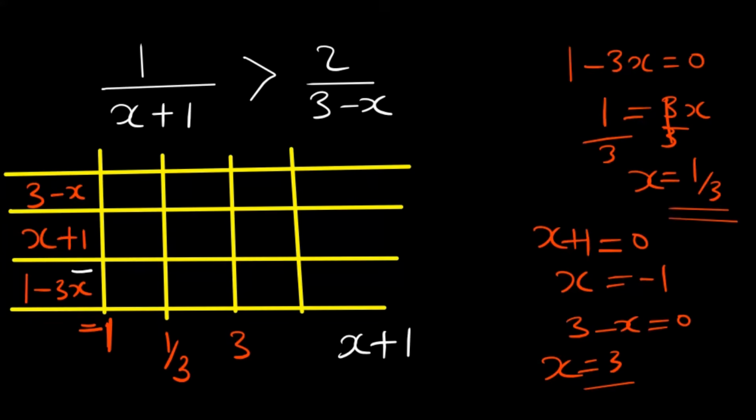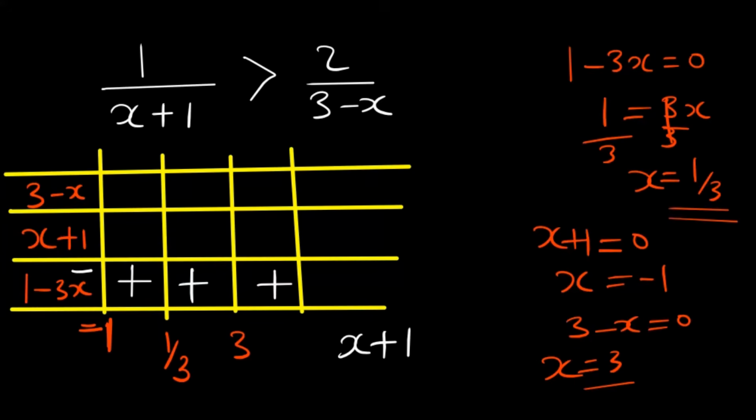If we get a number between negative 1 and 1 over 3, let's say 0, I'm going to have a positive number. If we get a number between 1 over 3 and 3, let's say a 2, I'm going to have a positive number.